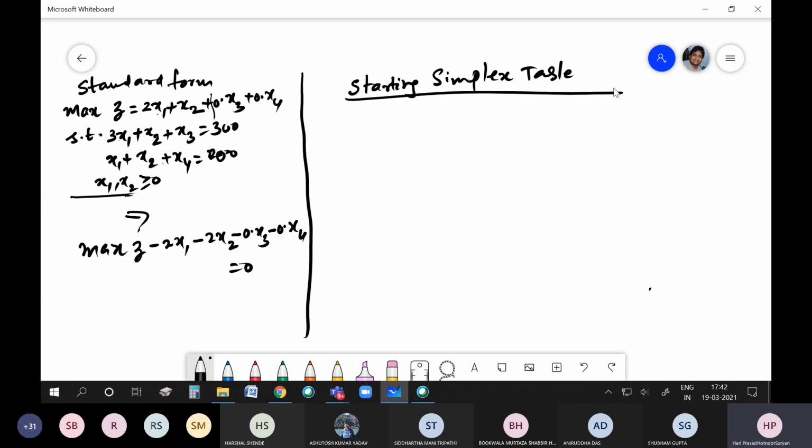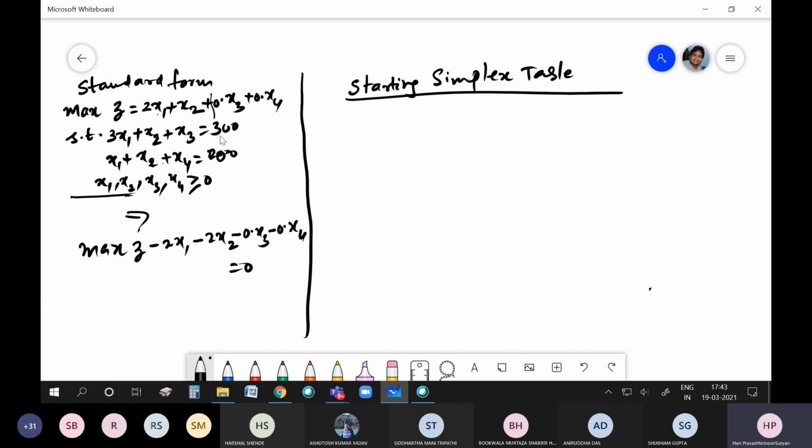When we start with x1, x2, x3, x4 greater than or equal to 0, we know that in a basic solution the variables which are non-zero are called the basic variables, and the variables which are 0 are called the non-basic variables.